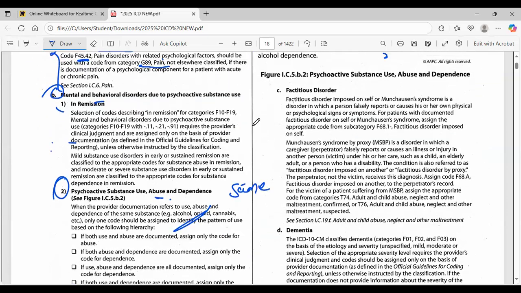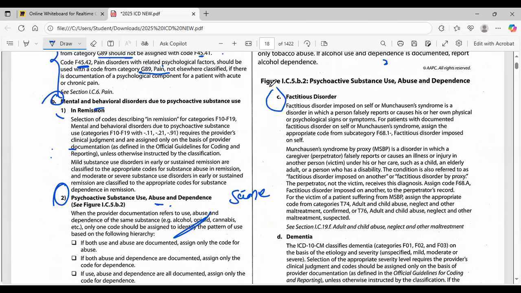Now we have the next instruction here: factitious disorder. Factitious disorder means the patient has a disorder of creating incorrect facts regarding the patient's health. Let's say the patient does not want to go to school and starts saying, I'm having a stomachache.